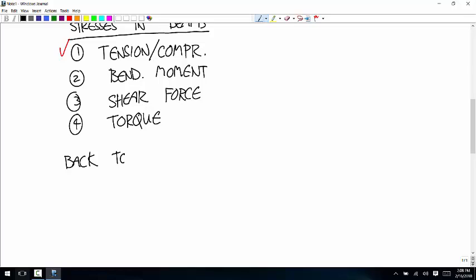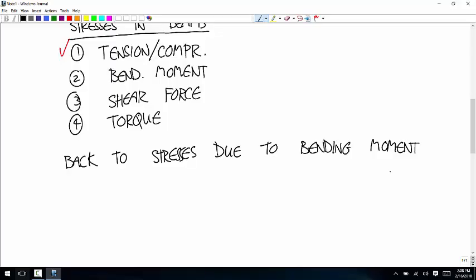So back to stresses due to bending moment. And we're still talking about the area moment of inertia. And I gave the formulas for a circular cross-section and a rectangular cross-section.